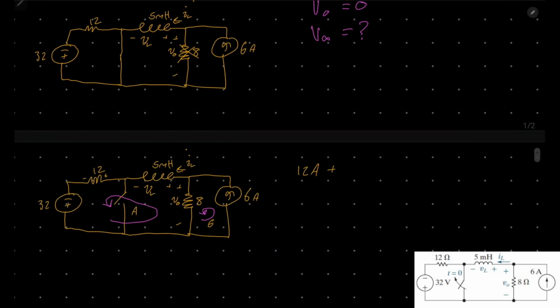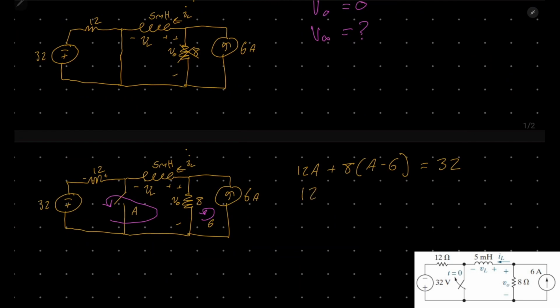Then we'll move on to the 8. So plus 8 times A minus 6. And then remember, this inductor acts as a wire because we are getting the voltage at infinity, and after a while, the inductor will act as a wire. So equals 32.